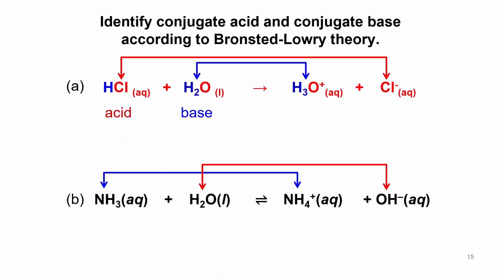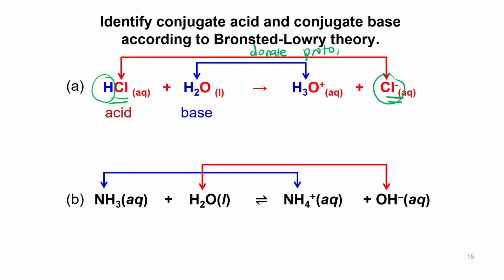So from this question, okay, identify conjugate acid and conjugate base. Okay, so kita compare HCl with Cl-. So kita nampak daripada equation, before reaction dia ada extra 1 hydrogen. So after reaction dia hilang 1 hydrogen. So meaning this species donates proton.